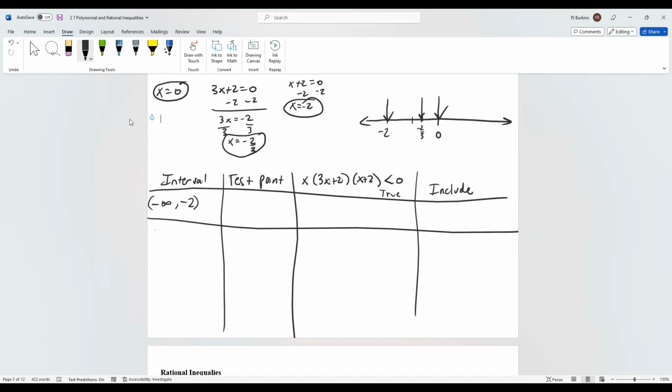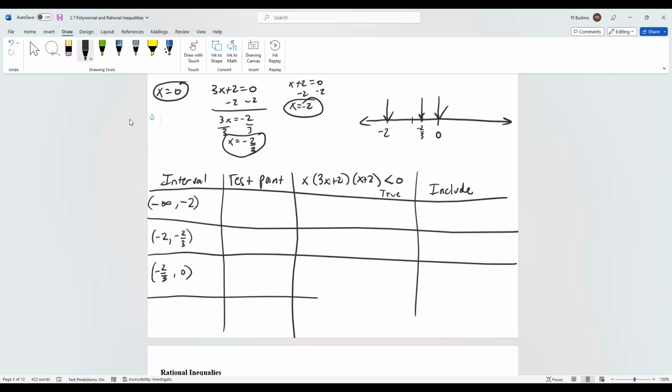The next interval is -2 to -2/3. Then from -2/3 to 0. And finally, from 0 to infinity. All right. At this point, if you'd like, maybe pause, pick some test points, try this out yourself.